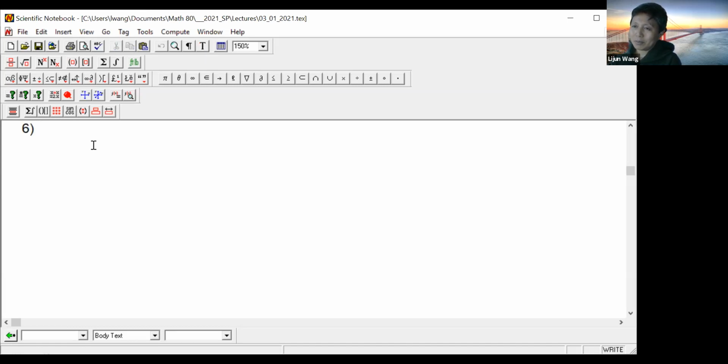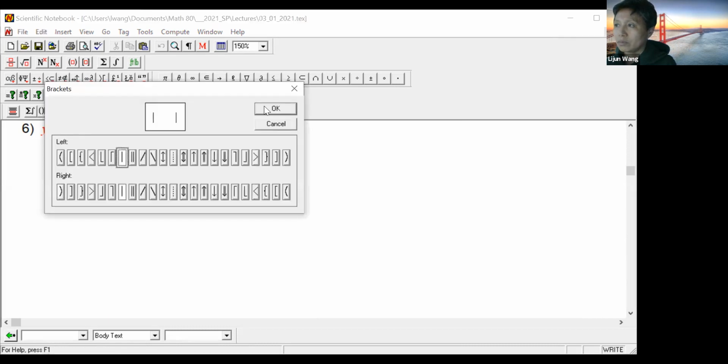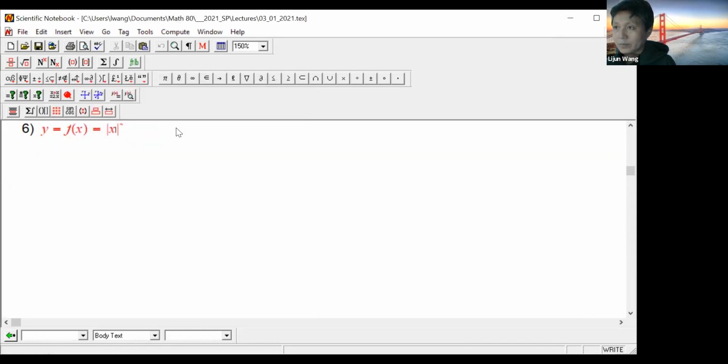I was working with my pre-calculus class students. They have some trouble with what we are about to work on right now. Okay, y equals f of x, it equals the absolute value of x.